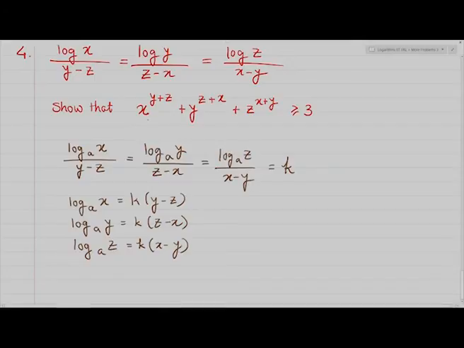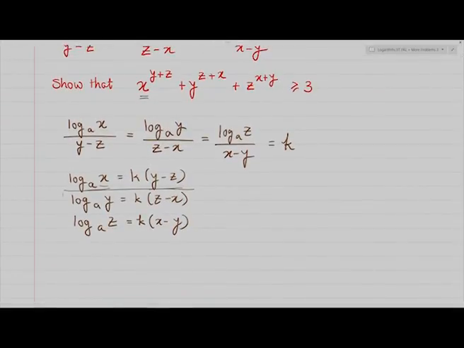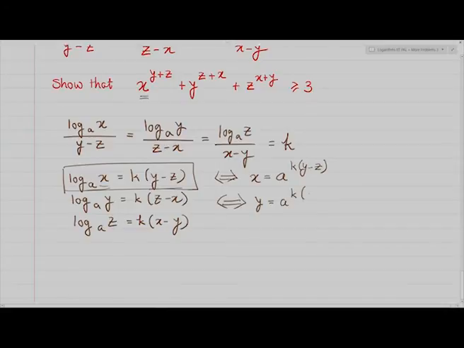If you look at this term x raised to y plus z, I have a similar term over here, which is y minus z. So if I convert this logarithmic expression into the expression that is x is equal to something, then I may get something. So if this is the expression, then it has an equivalent exponential form, which is x is equal to a raised to k times y minus z. Similar thing is true with this expression, y is equal to a raised to k times z minus x.